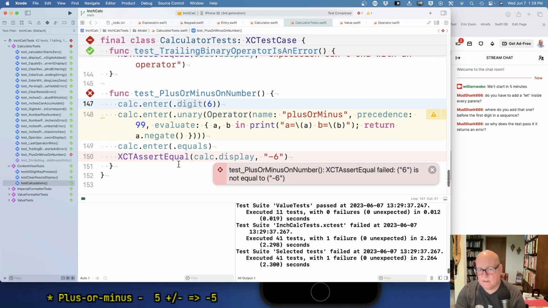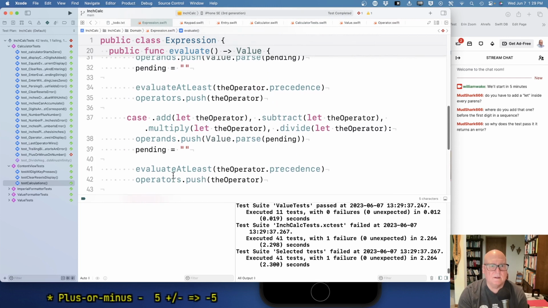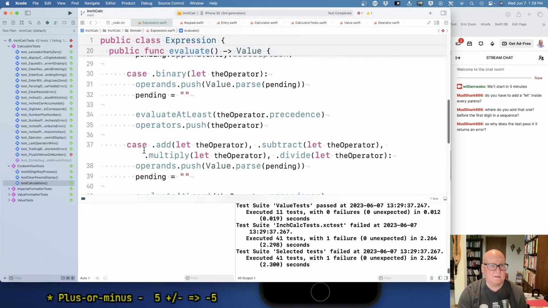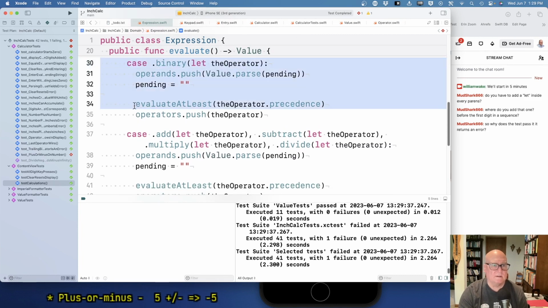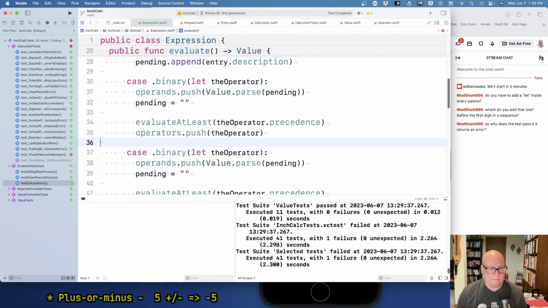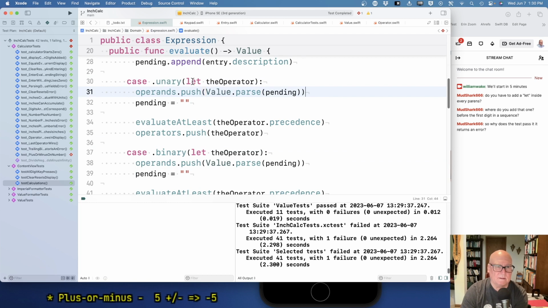6. All right. Yeah, now I think our expression evaluation default just breaks, so it doesn't handle it. All right, so let's say case unary, and these, I think we're going to rely on the fact that we're just always going to evaluate them.